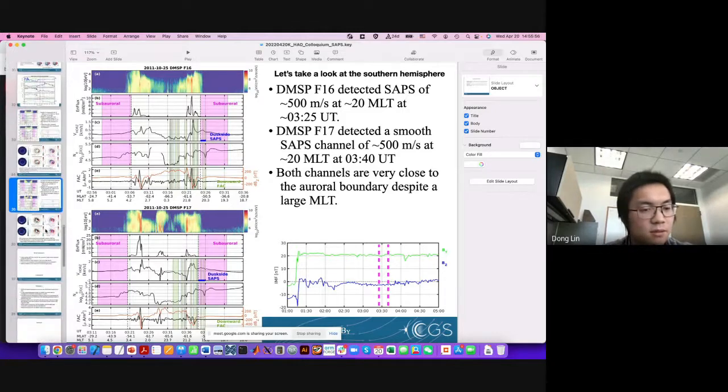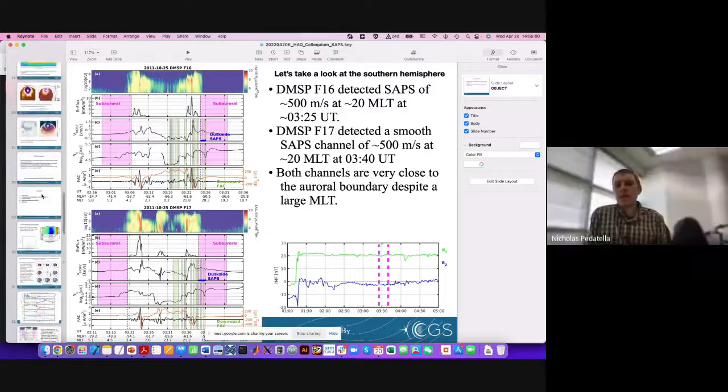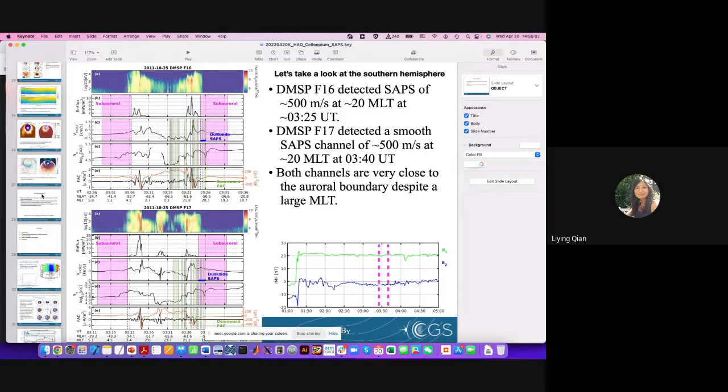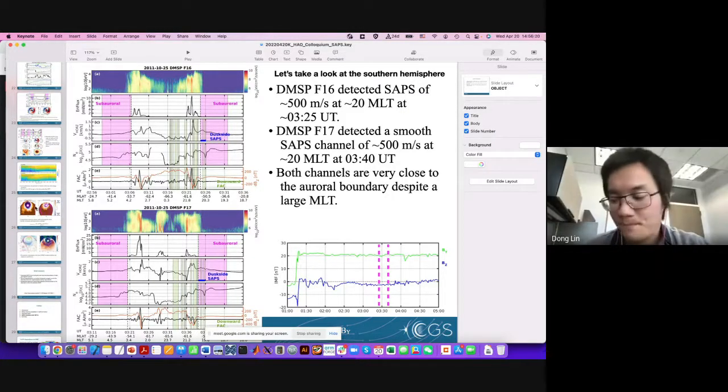Right. Liang? Go ahead. Yeah, so you probably already talked about this, but I might have missed it. When we observe the SAPS, how often is it on the dusk side, and how often is it on the dawn side?